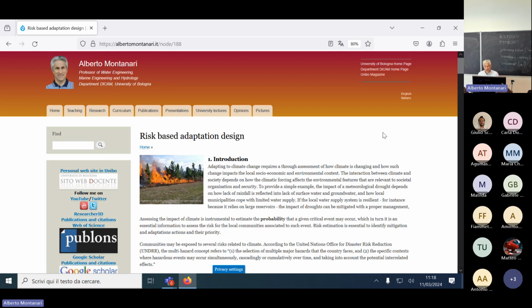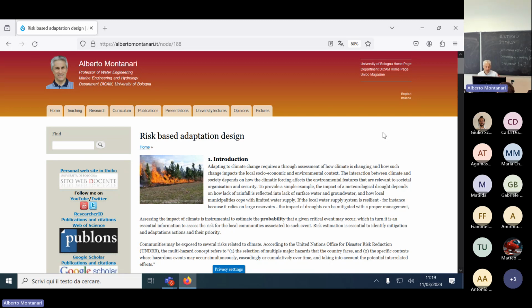And this is a task for economists. So you make a cost-benefit analysis, and then you take your decision, and then you design your solution. Or, like in the case of this lecture, you may base your decision on a risk assessment, risk analysis.